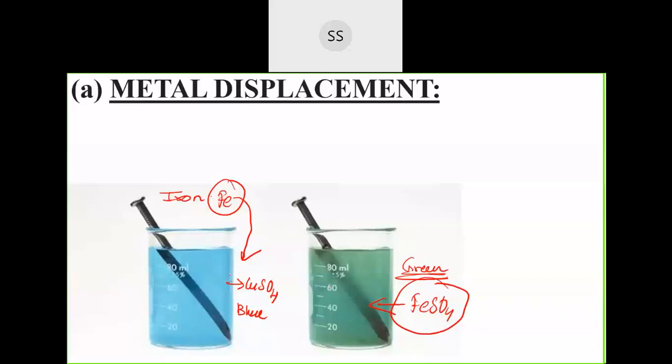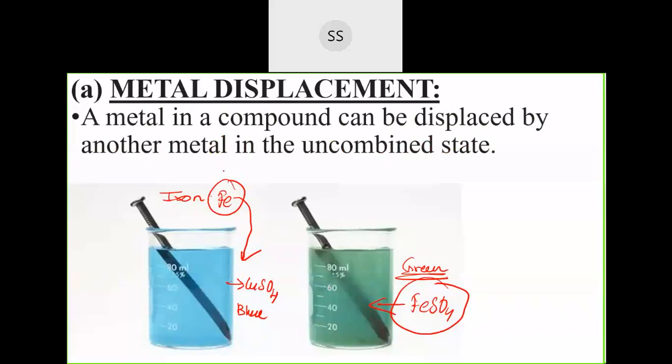If a more reactive metal displaces a less reactive metal, that is called metal displacement. Copper sulfate is in the combined form and iron is in the uncombined state. Iron metal is alone, so that lone reactive metal comes and displaces the copper, giving you ferrous sulfate.